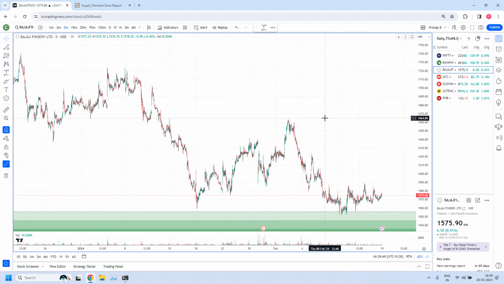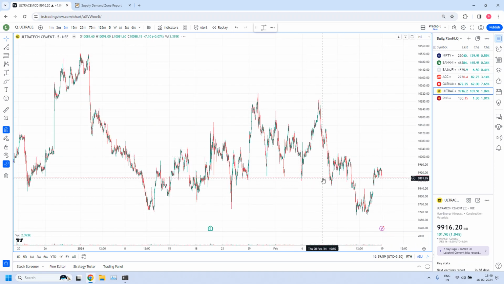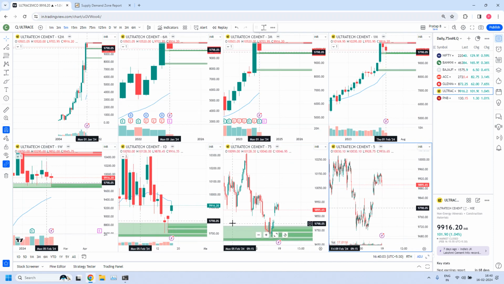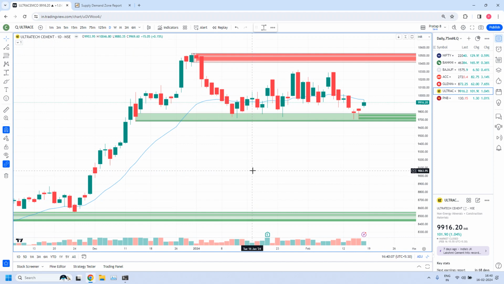Anyway, Bajaj Finance is the one we've been waiting for a trade in for the last few days. ACC we completed, and what is the remaining? Ultratech Cement. In Ultratech Cement, a lot of order flow is there in the zone. This is also a daily zone. Sorry, not daily, a 75-minute zone.